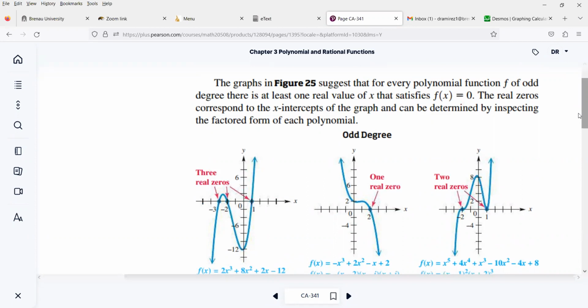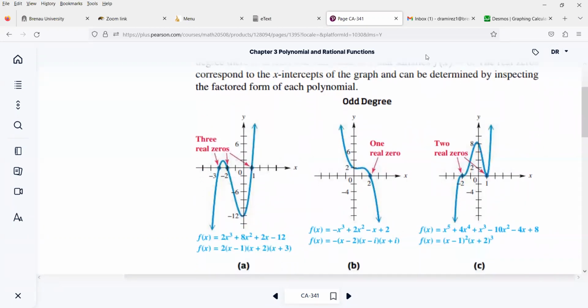The real zeros correspond to the x-intercepts of the graph and can be determined by inspecting the factor form of each polynomial. So I'm not going to show you where the polynomials are coming from. I'm just going to go over these graphs. I'm going to write the equations again, because this baby blue is hard to see.